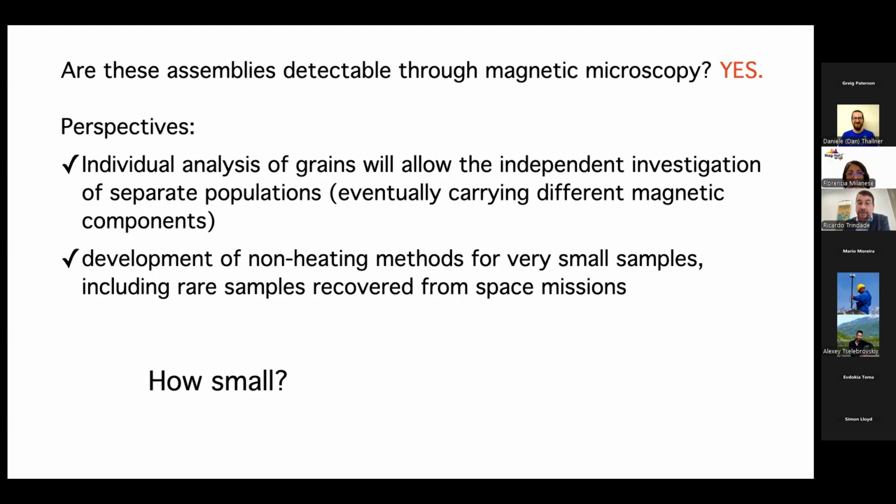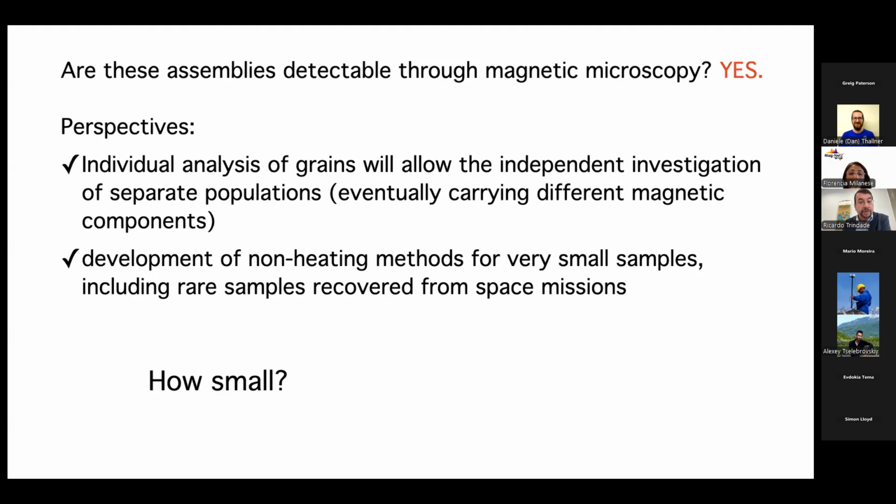This also provides a possibility for the development of no-heating methods, because the separation of the components can be done spatially and not necessarily based on the thermal or the coercivity spectra.